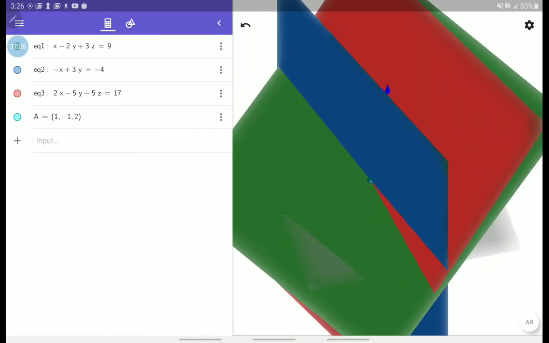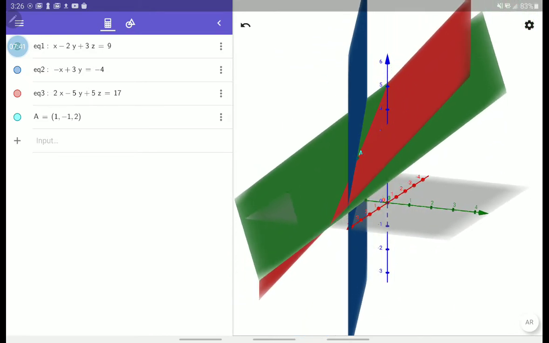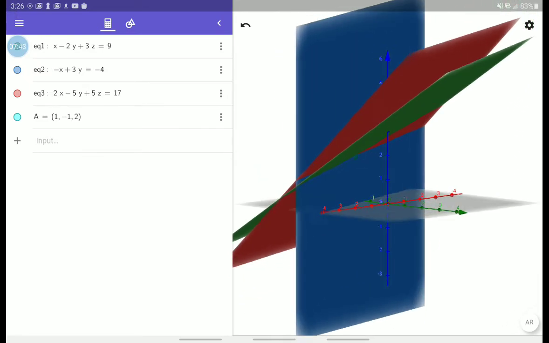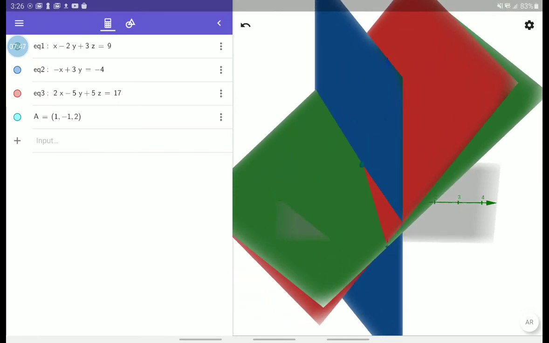You can see it, and that is the intersection of all three of the planes. So for this one, there was an intersection of the three planes, and that was at a single point.